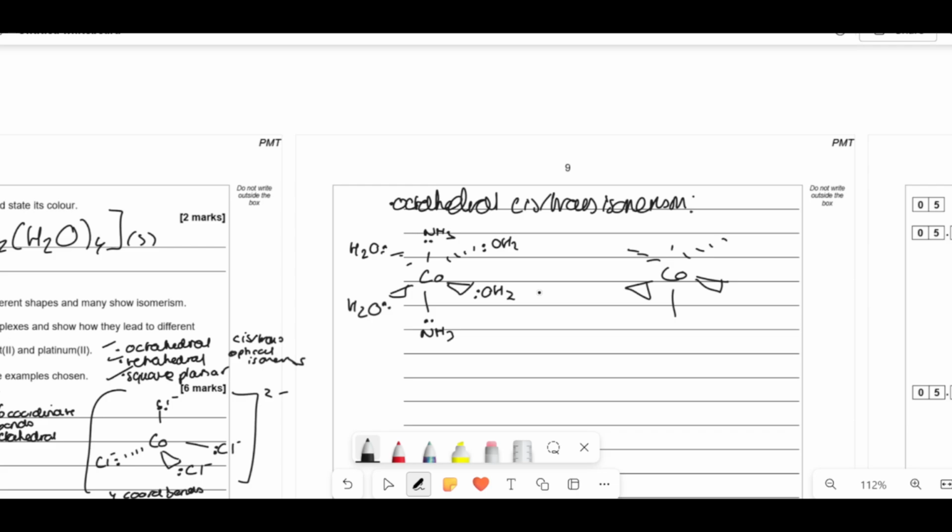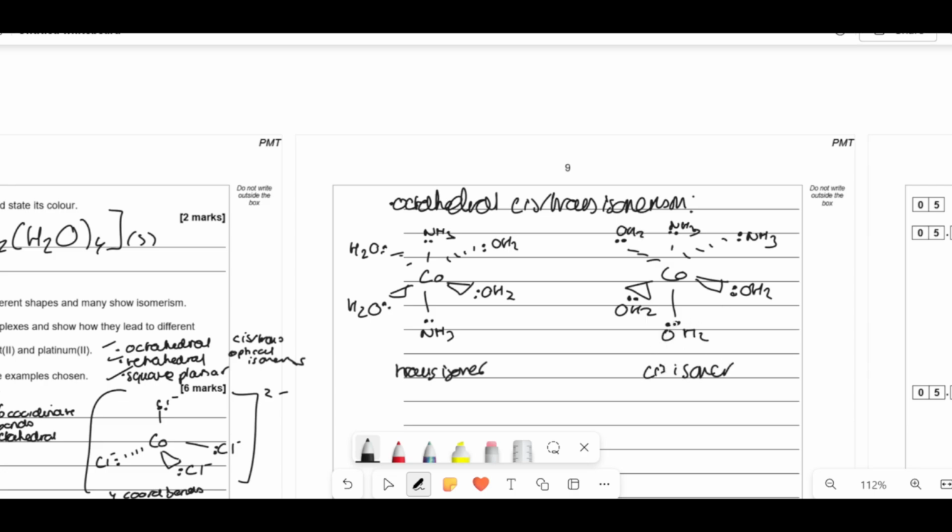So this would be your trans isomer. Your cis isomer is when the two odd ones out are next to each other. So NH3, NH3, OH2, OH2, OH2, OH2. So that's your cis isomer.